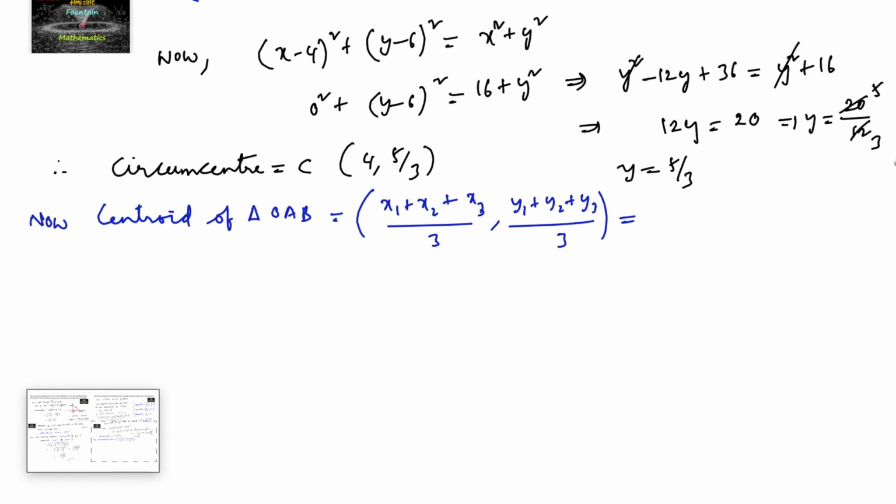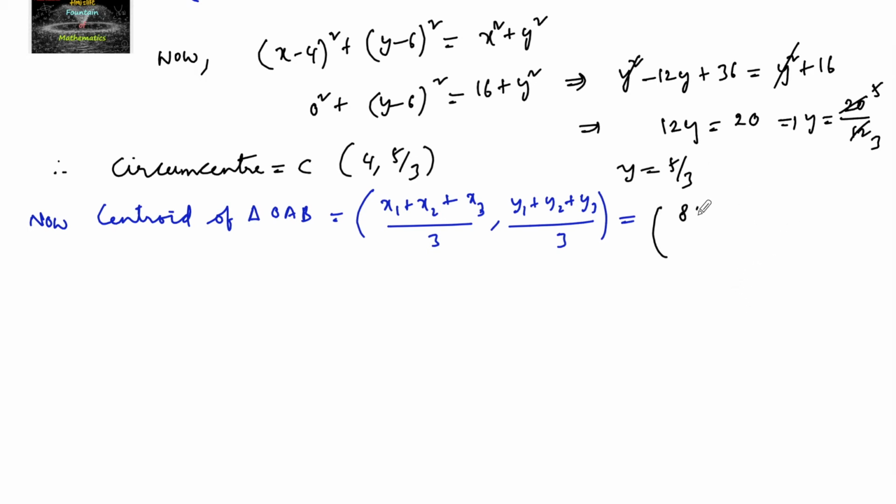So it is equal to ((8 plus 4 plus 0) upon 3, (0 plus 6 plus 0) upon 3). We have centroid, let us consider G, equal to 12 upon 3, that's 4, and 6 upon 3, it is 2. So we got centroid (4, 2).